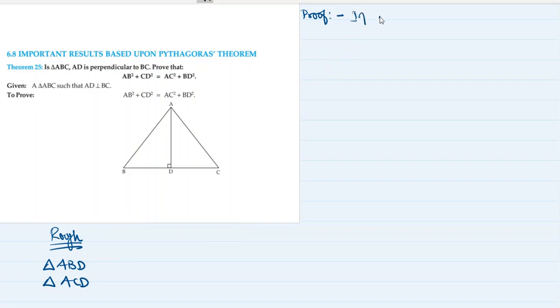So, in triangle ABD, AB square is equal to AD square plus BD square, by Pythagoras theorem.